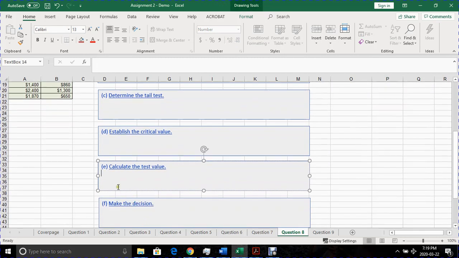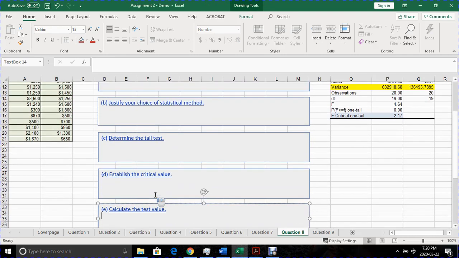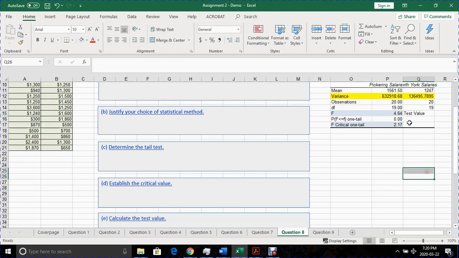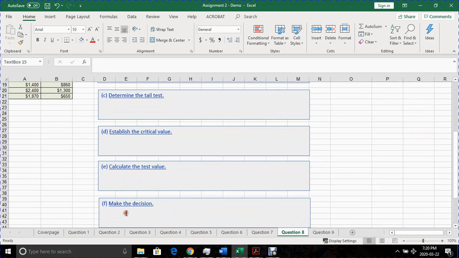Now sub-question E asks to calculate the test value. The test value is given as your F test, which is 4.64. So we have the test value of 4.64, the critical value of 2.17. As a result, we can make a decision.